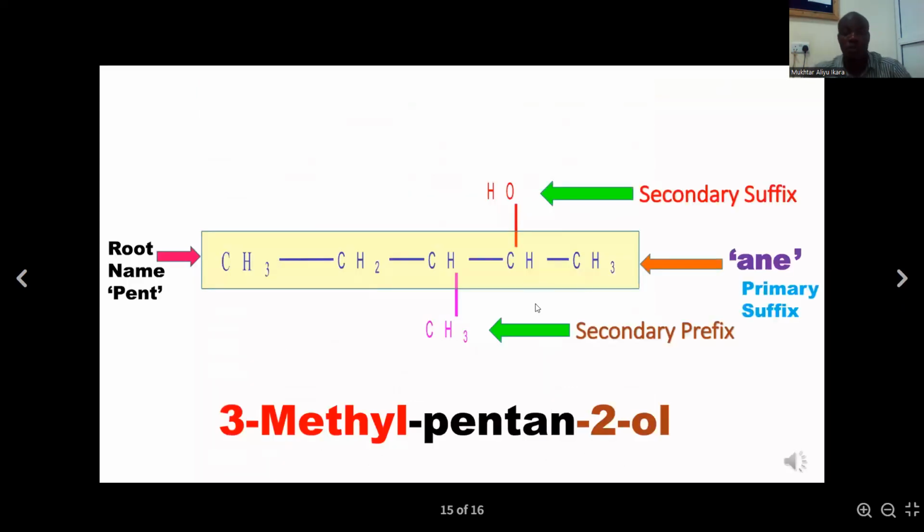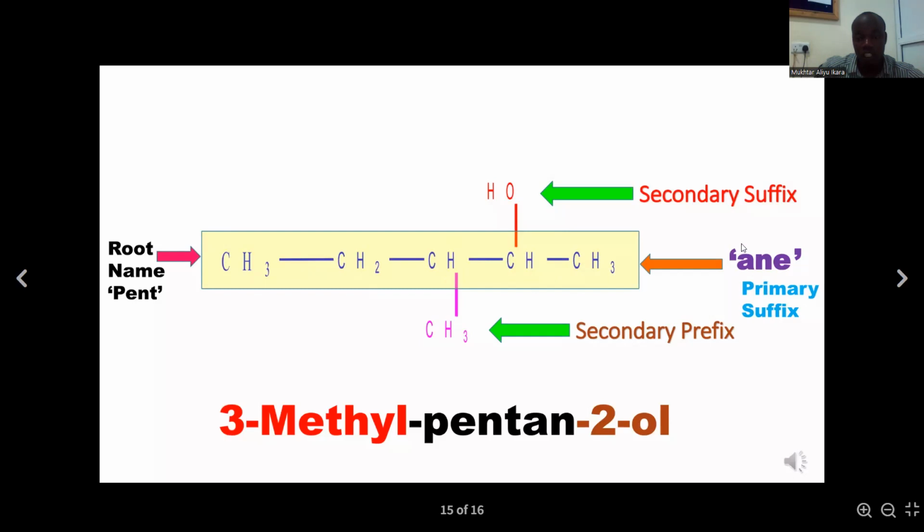So you see now we have a molecule that has multiple functional groups. Remember that we said in every organic chemistry name, there must be three components: number one, the prefix, followed by the parent, then the suffix. So now you see that in this case, we have the OH functional group, and we also have the alkane functional group, that is, alkane is ANE.